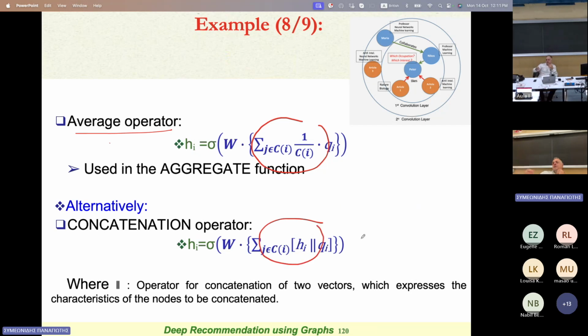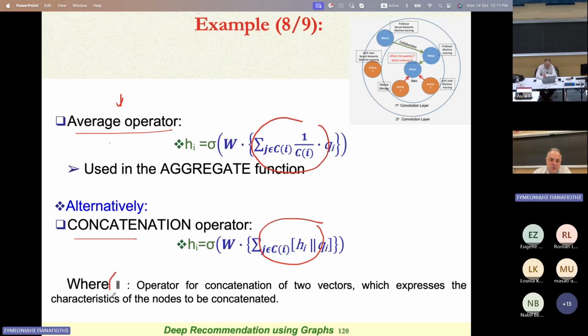So in our case, since we have categorical attributes, it's better to make a concatenation operation, I guess, because we don't really have ratings. If it were ratings over items, then the average operator would be more preferable. But here we can use this concatenation operator.